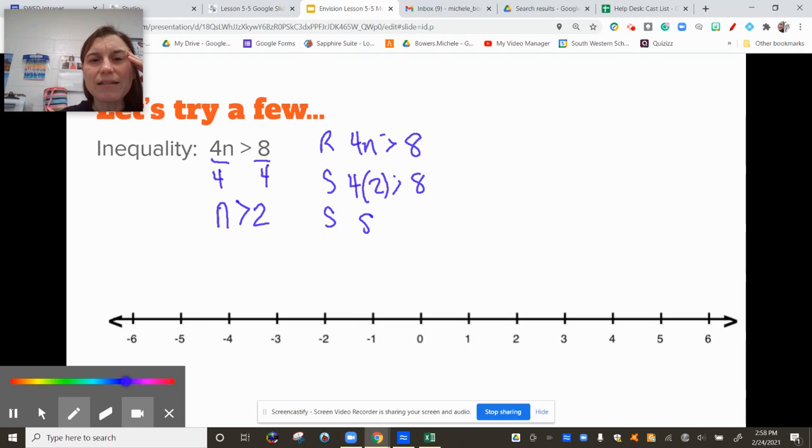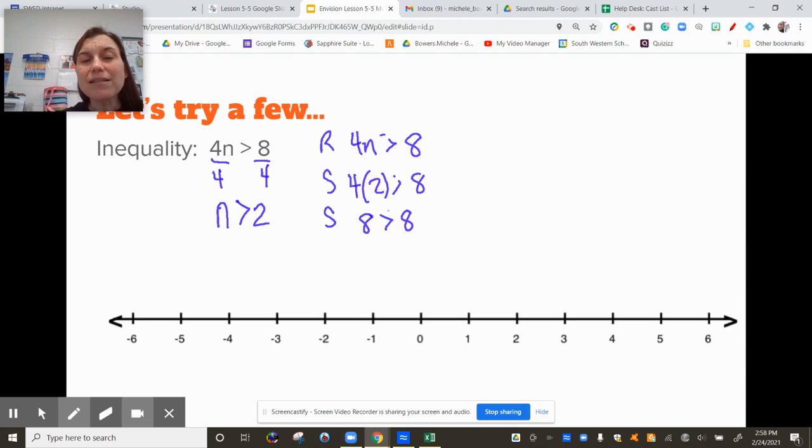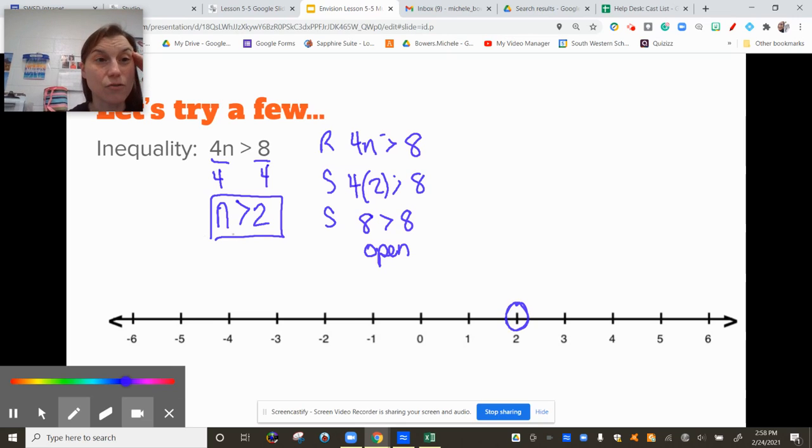Well, 4 times 2 is 8, and 8 is not greater than 8, but these two things are the same number. So that tells me I have the correct target number, but since this is not a true statement, it's going to be an open circle at 2, because 2 is my target number. Open circle at 2. And that makes sense because there's no line there.